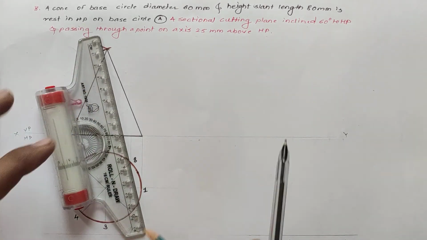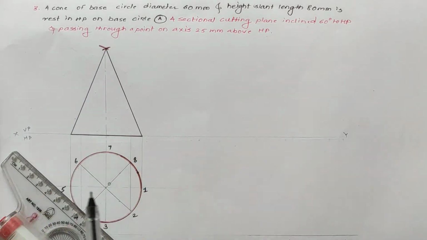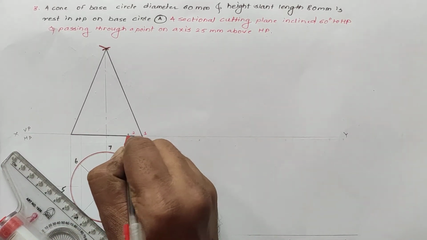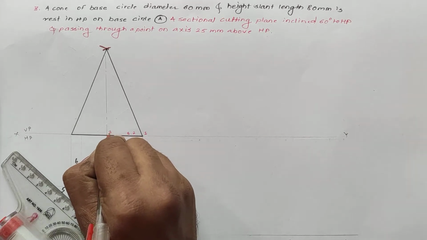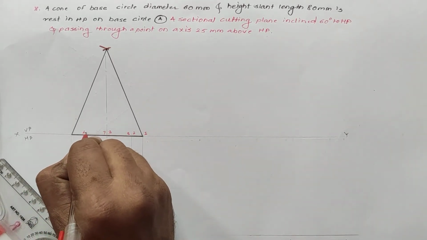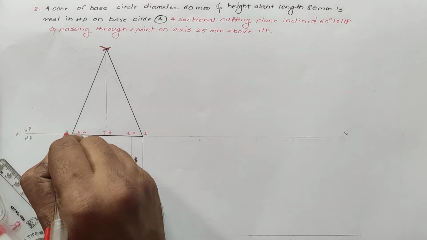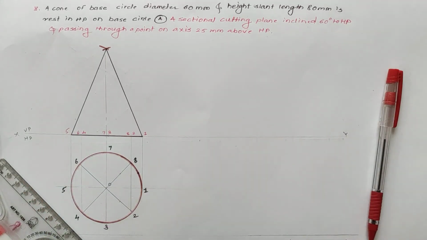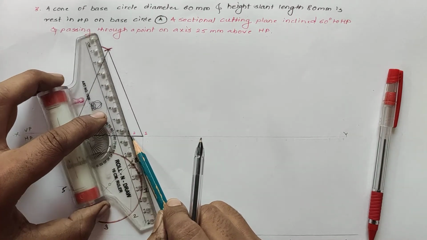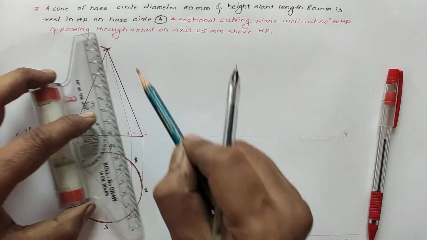Also draw the faint lines from the base. Mention here points 1, 2, 8, 3, 7, 4, 6 and 5. You can connect the generators from 2, 8 front and back to the apex.